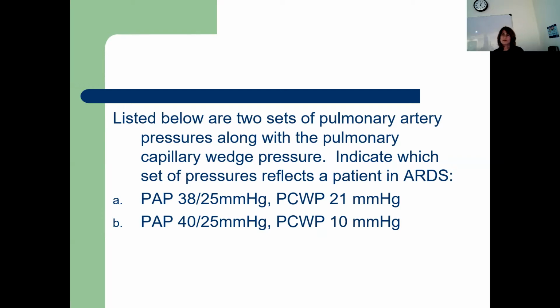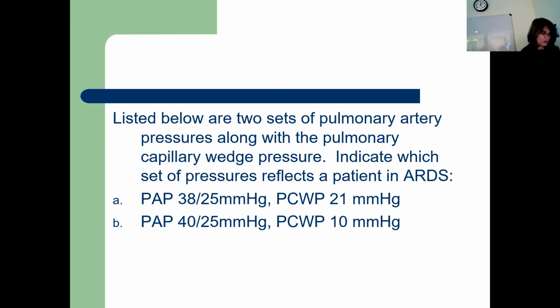If the pulmonary capillary wedge pressure is higher than 12 millimeters mercury, that indicates left heart failure. It could indicate hypervolemia too. But right now it's asking us to choose between heart failure versus ARDS. So if the pulmonary capillary wedge pressure is higher than 12, it indicates left heart failure.